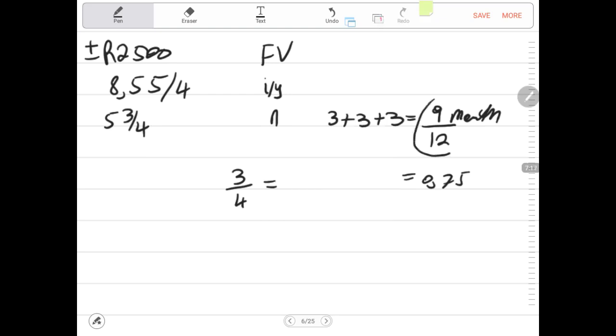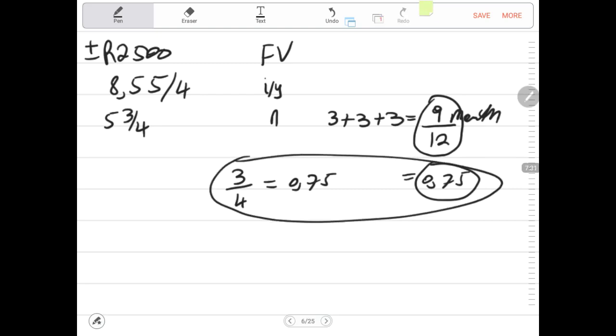So 9 months out of 12 months is 0.75, which is 75% of a year, if I may say so. And also 3 quarters is again 75% of a year, 0.75. So this means the same thing in simple terms. So now we can say 0.75 is in years and 0.75 is in years.